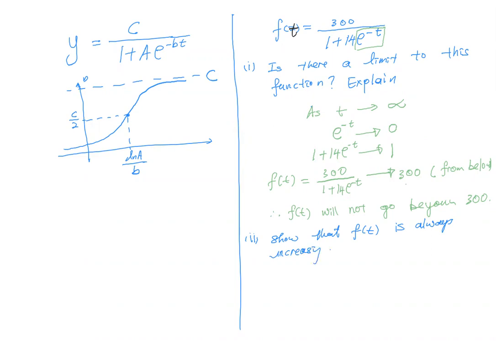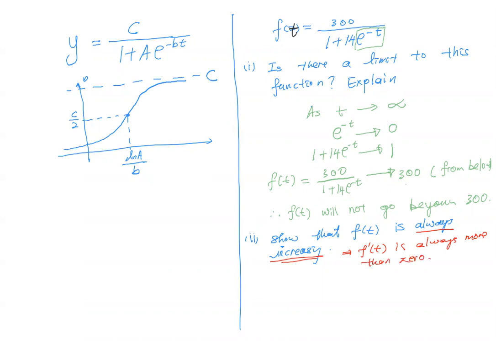So how are you going to do that? The words "always increasing", what does that mean? Which function must I look at? This means f prime t is always more than 0.